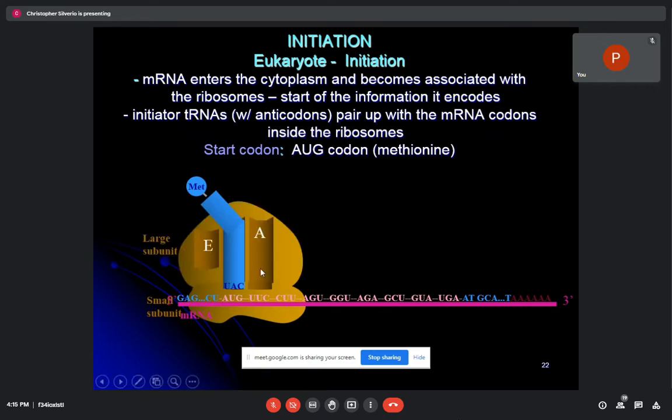And this is the large subunit of the ribosome. And this is the small subunit of the ribosome.